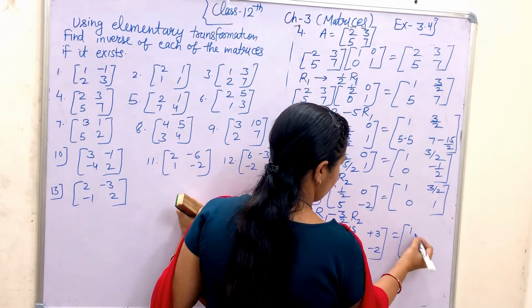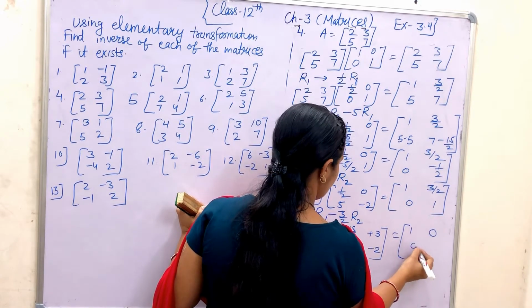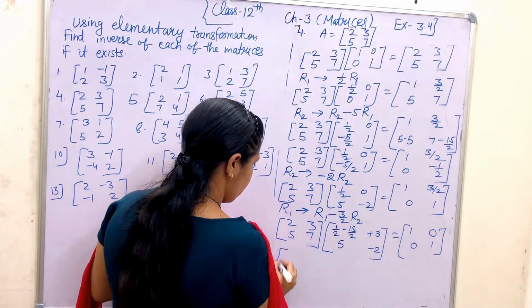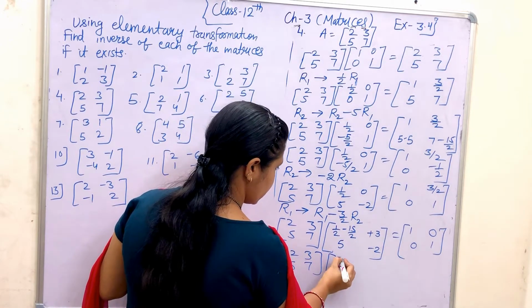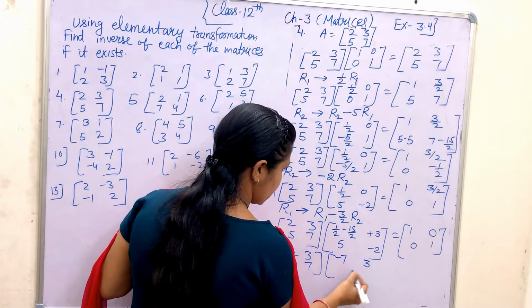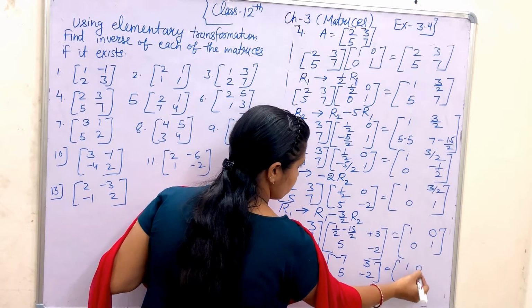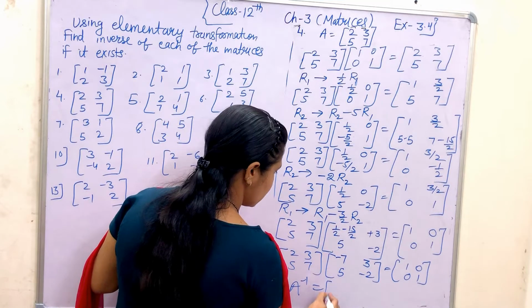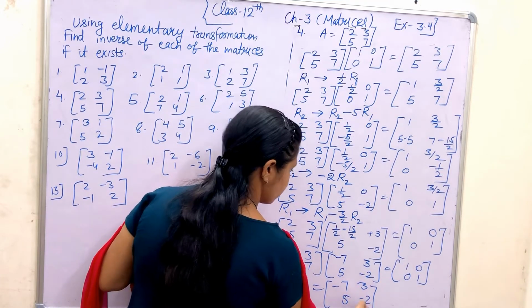We get 1, 3 by 2 minus 3 by 2, that is 0, 0, 1. Here we get 1 by 2 minus 15 by 2, that is minus 7, plus 3, 5, minus 2. Here we get our A inverse, that is minus 7, 3, 5, minus 2.